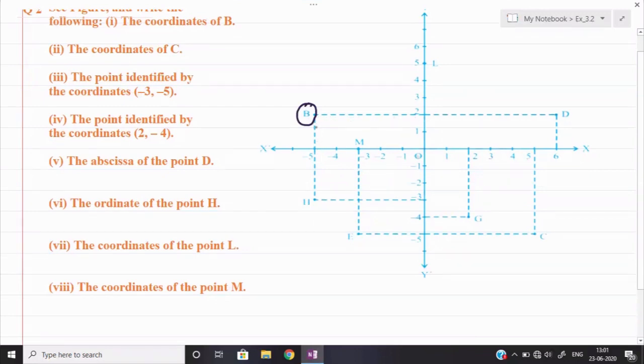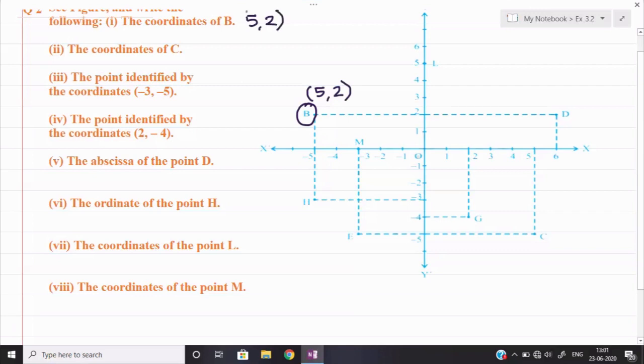And similarly the vertical distance, look at the movement of the cursor. Vertical distance is equal to 2. So the horizontal distance we shall mention first, that is 5, and then the vertical distance, that is 2. So we can say that the coordinate of B will be (5, 2).